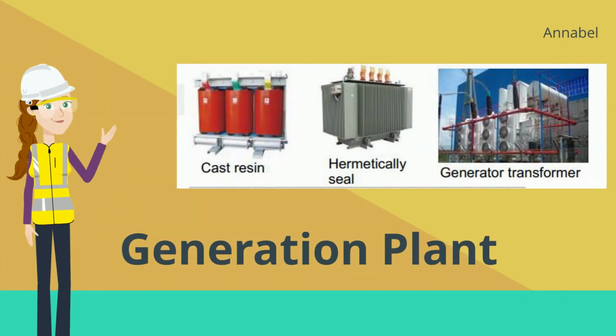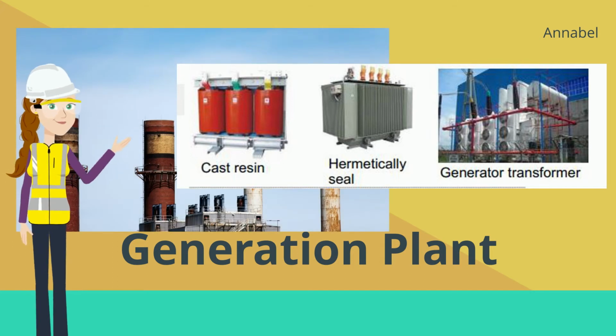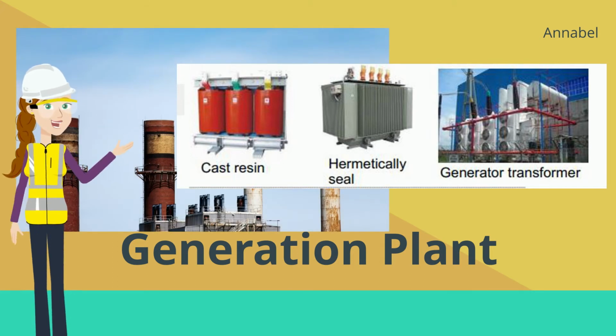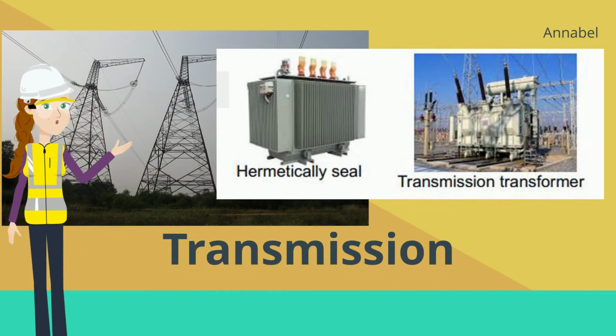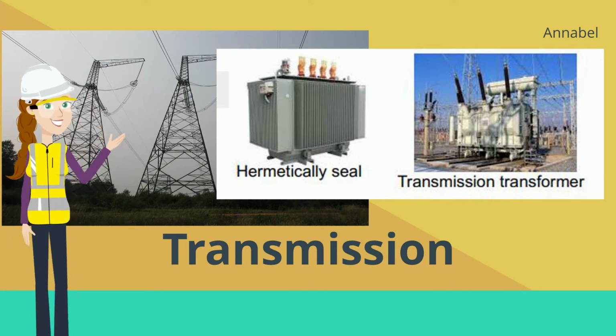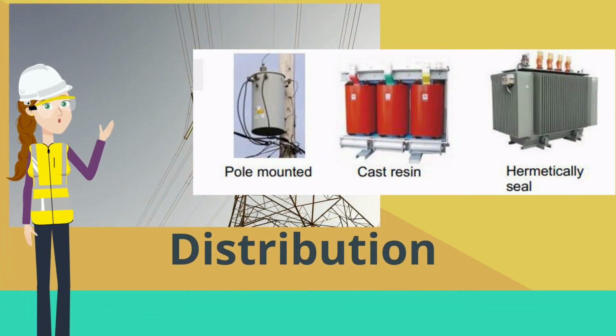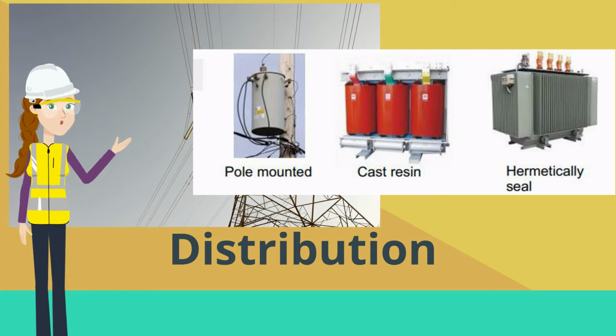Moreover, the power supply used at the generation plant are cast resin, hermetically sealed, and generator transformers. Next, for the transmission, hermetically sealed and transmission transformers are used as the power supply. Lastly, for the distribution, we have pole-mounted, cast resin, and hermetically sealed.